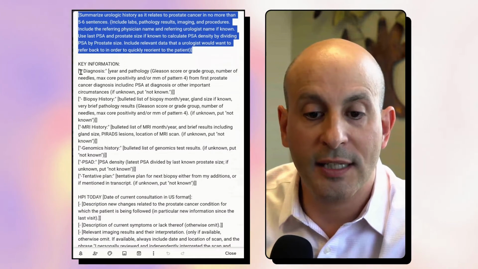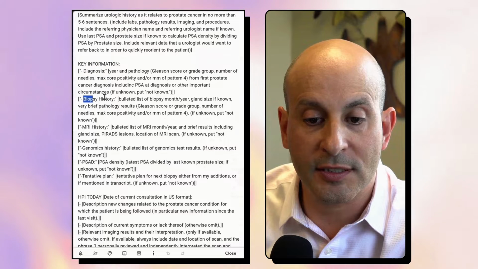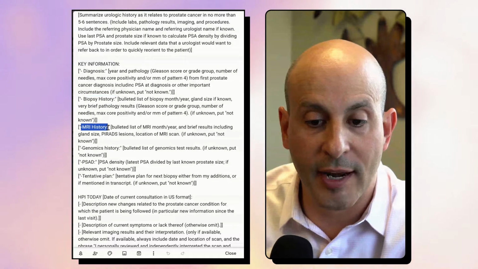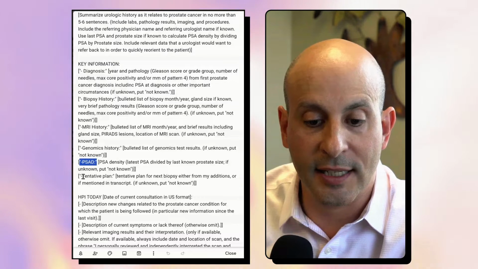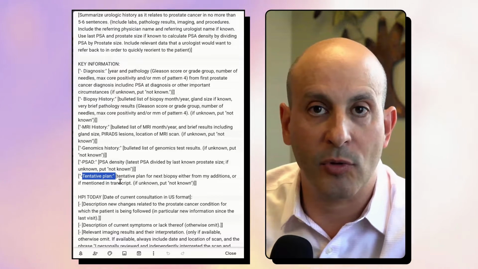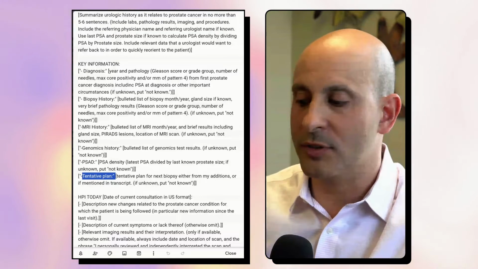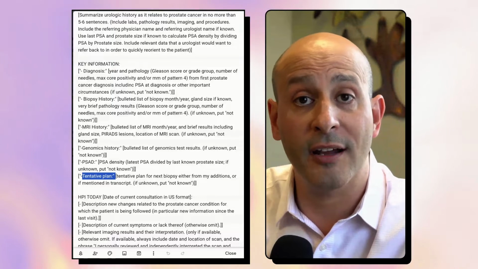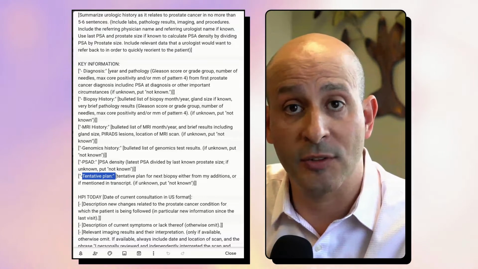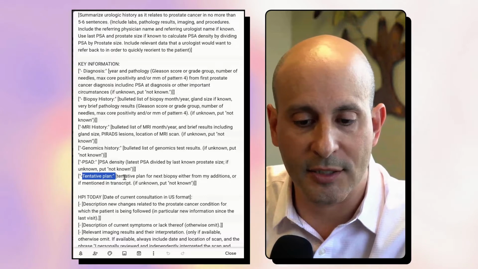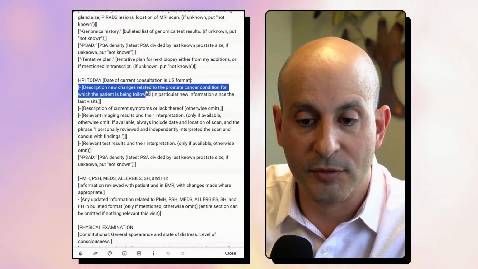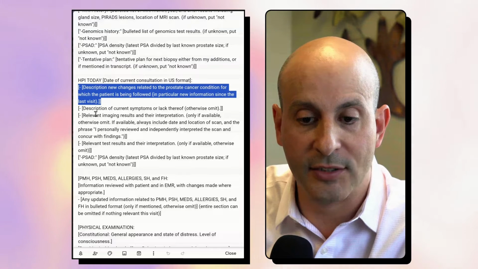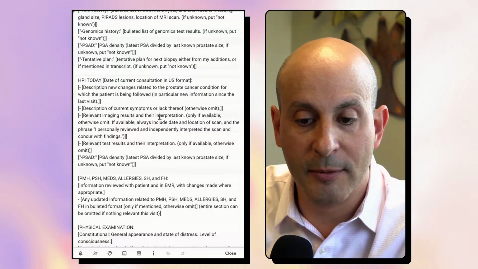And then I want key information about their diagnosis, their biopsy history, their MRI history, genomics history, PSA density, and what my tentative plan was previously. So in other words, search through whatever information you have for the last time I mentioned when I plan to biopsy this person again. And then today, description of changes related to the prostate cancer condition, relevant imaging.